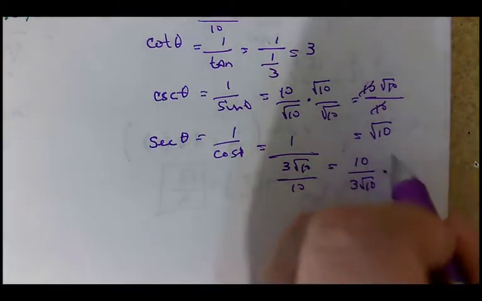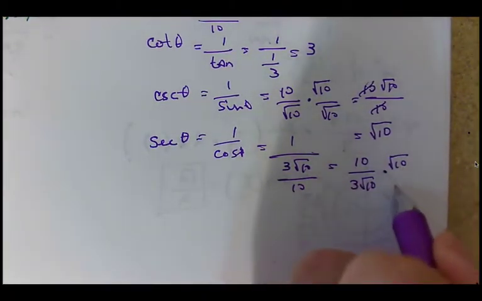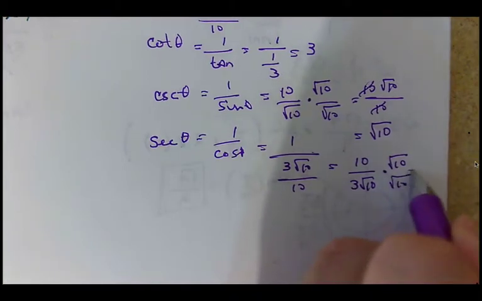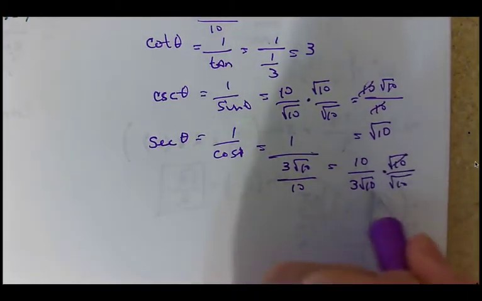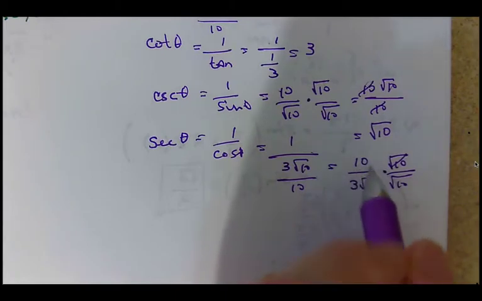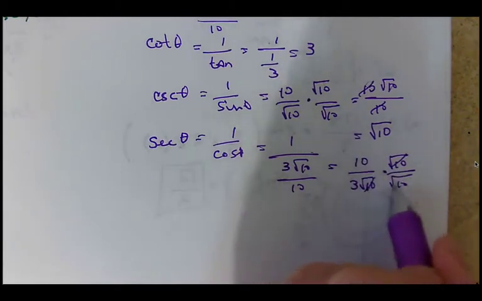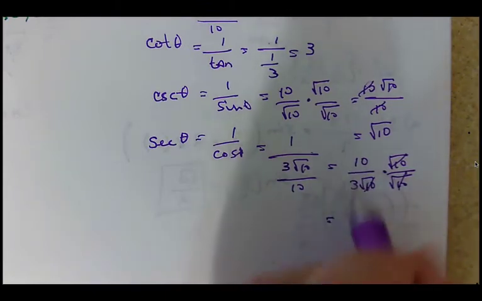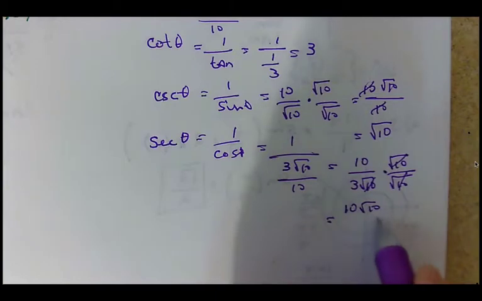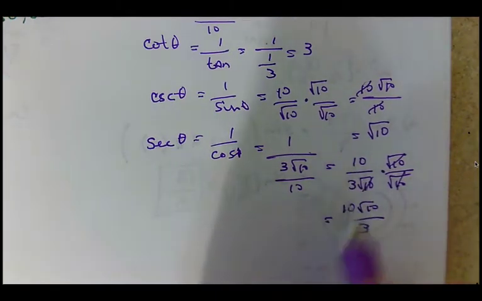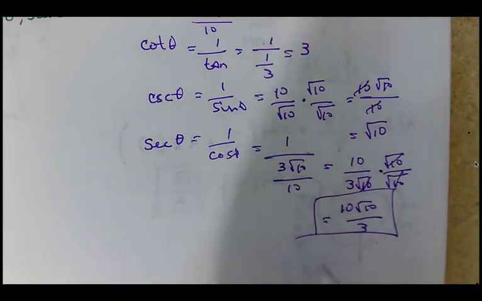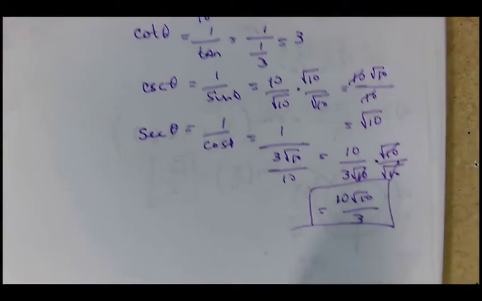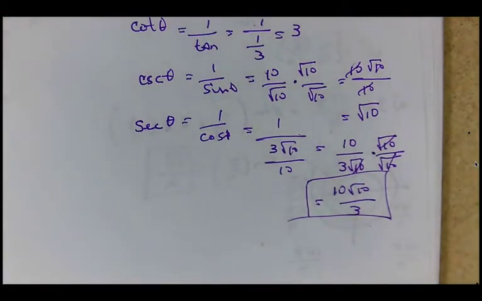Multiply both sides by square root of 10. This cancels out. What am I left with? I'm equal to 10 square root of 10 over 3. And hopefully that makes sense.